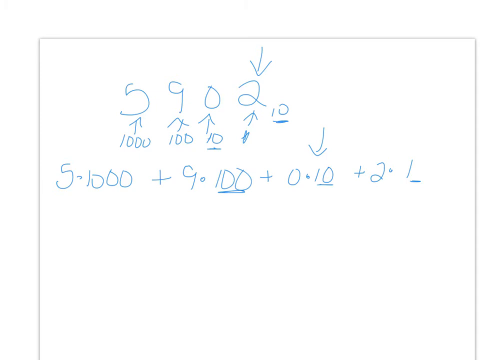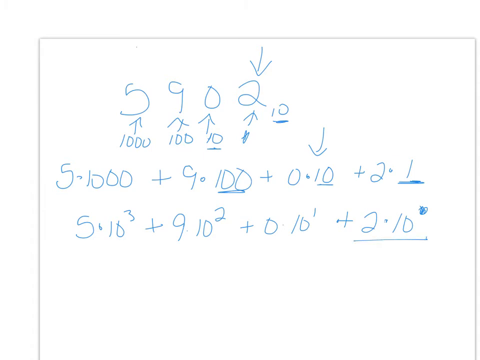So I can rewrite this using an exponential form, and it makes it a little bit clearer what I was just trying to say here. Plus 2 times 10 to the 0. Remember, anything to the 0 power is 1. So that's where this 1 comes from.